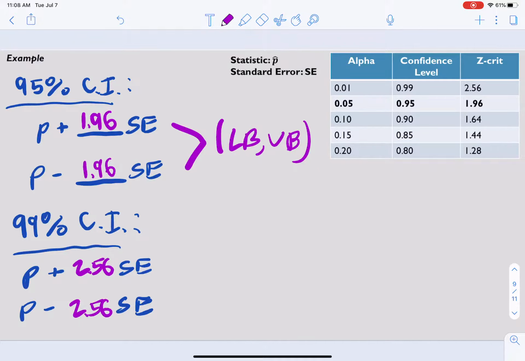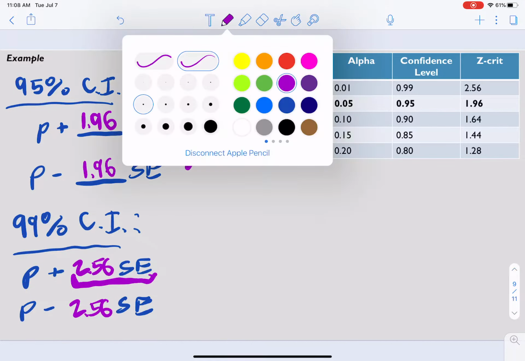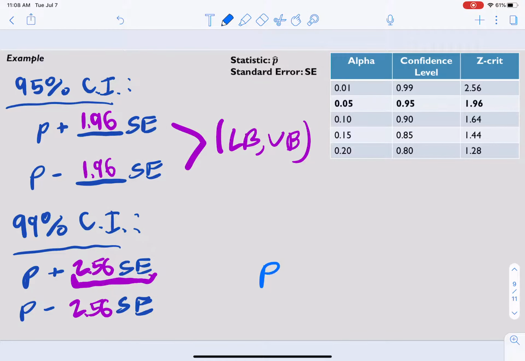Essentially, when you multiply these two values together, since this 2.56 is larger than this 1.96, we can kind of visually see it, where we have our P, our proportion. Our values that are contained within the upper and lower bound here might look something like this.